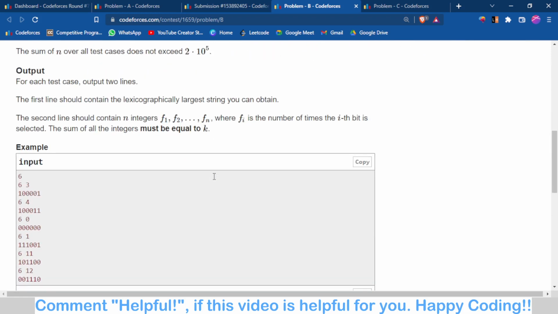Okay. So basically there are some observations. Now maybe you will ask how you think about that, how you observe that part. That is very difficult to tell, but I will try my best to tell how I got that part. Try to observe how I am implementing it and how I got the exact logic, because there are a number of observations after which we can get a particular idea.